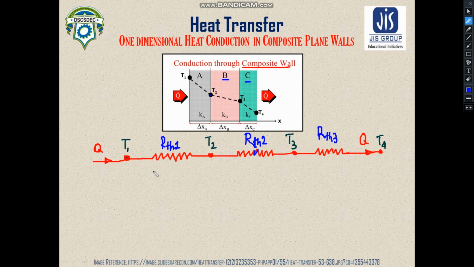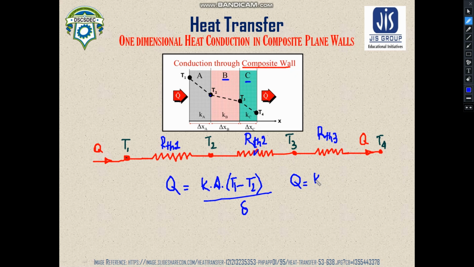From the concept of heat transfer in plane walls, we know that this equation is valid: K A (T1 minus T2) divided by the thickness of the wall. If we remember this equation, then for this wall A, we can write this quantity.